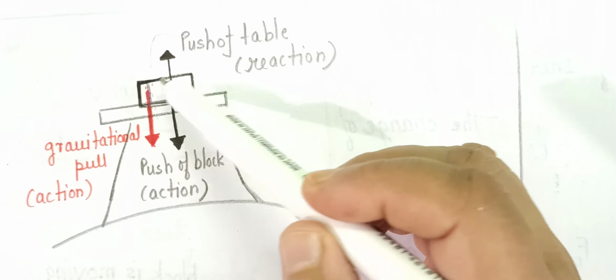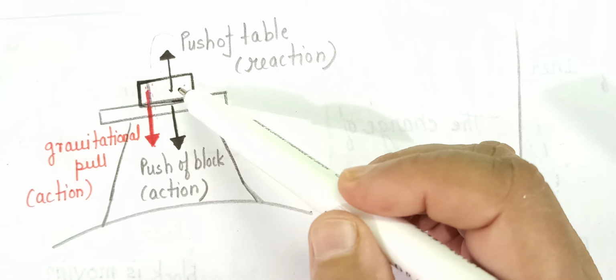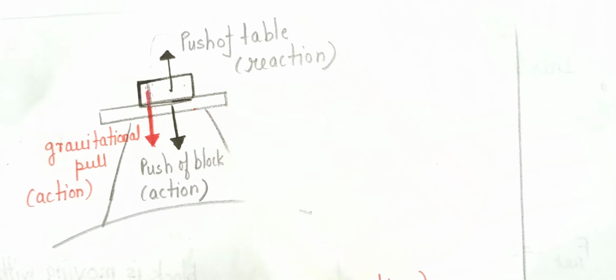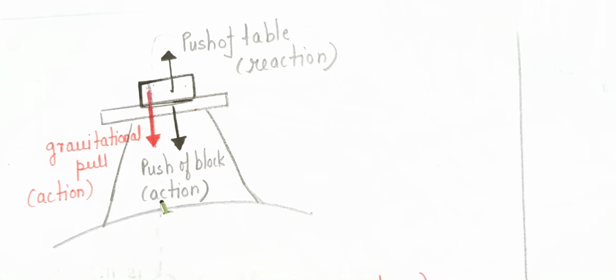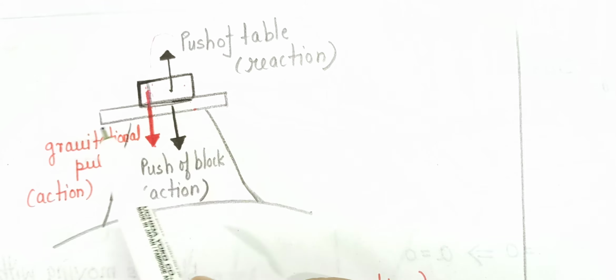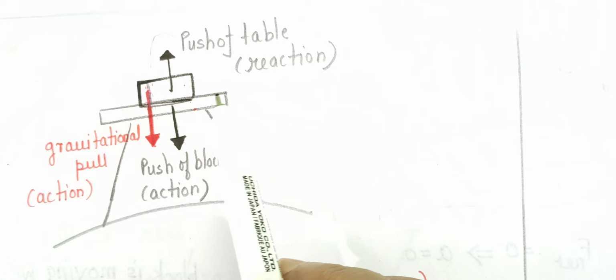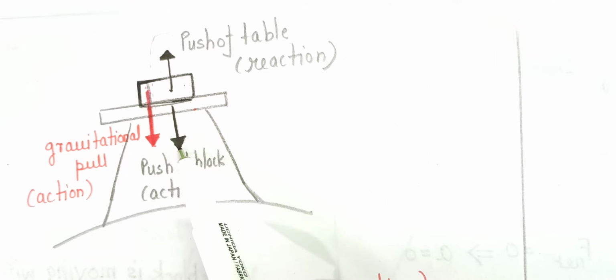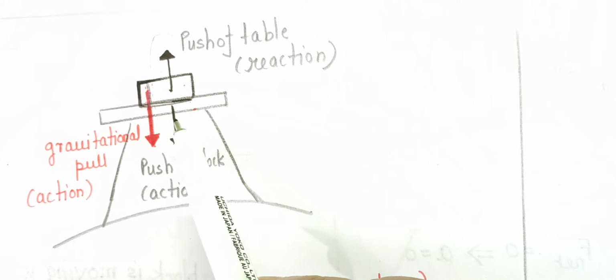And since it is pushing the table down due to its weight, see, the push of the block, it is shown, the vector starts from the table. So the object which is receiving this force is the table, and this force vector starts from the table vertically downward. So you have to pay attention to how the vectors are drawn.